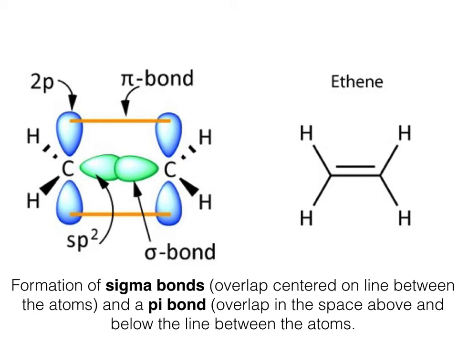So the double bonded carbon atoms are the result of two kinds of bonds. A sigma bond formed from the sp2 suborbitals directly overlapping, and the second bond, referred to as a pi bond, from the remaining p orbitals on each carbon overlapping.